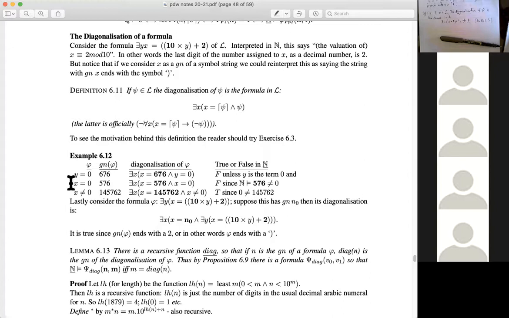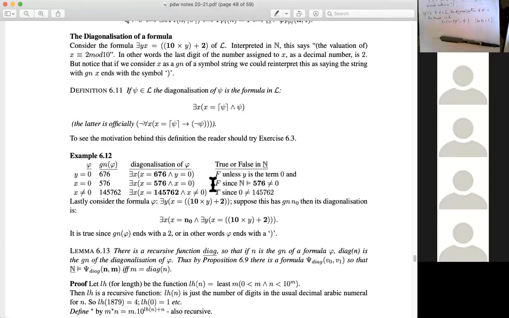Okay, let's look at the formula x equals 0 here. Its code is 576. Here's the diagonalization. There exists x such that x equals the numeral for the code number, 576, and then the formula x equals 0.